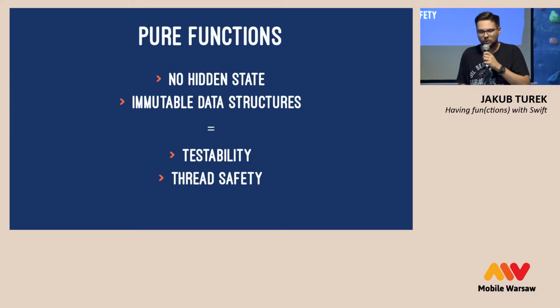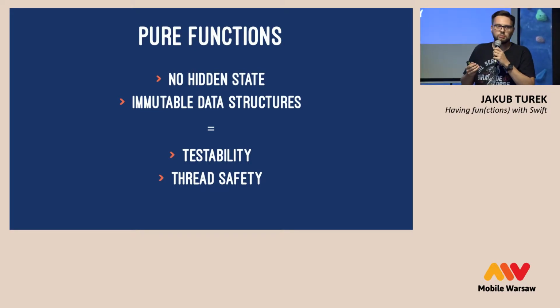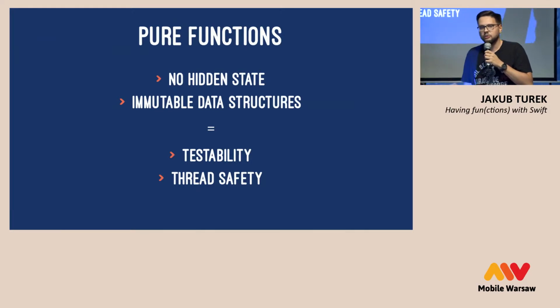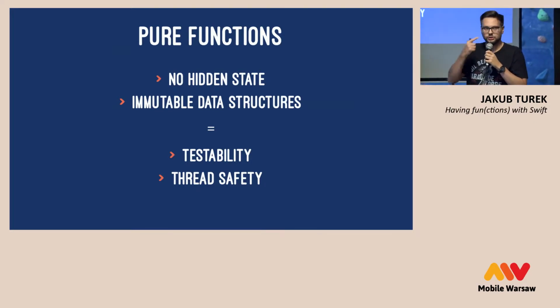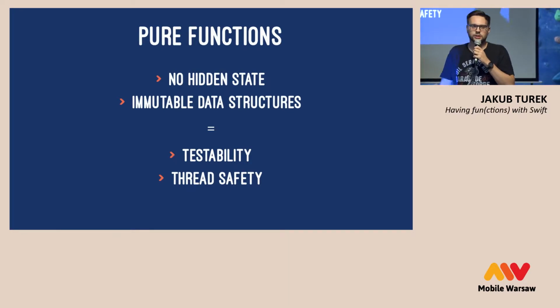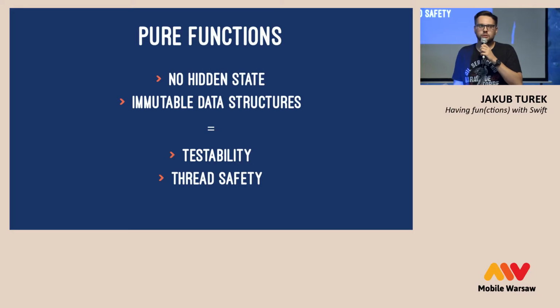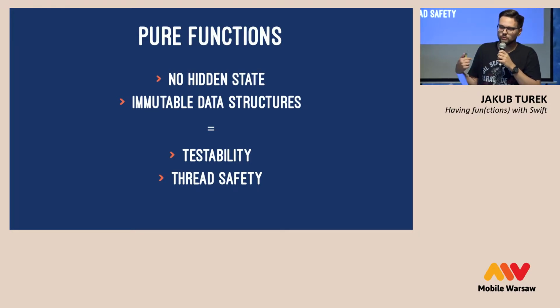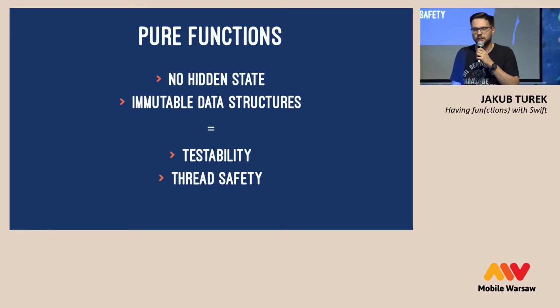Okay, so what happens is that by just structuring the code using pure functions, we have no hidden state. And we are using immutable data structures, which means that our code is very testable, because we can just pass in parameters, and also very thread safe, because there is no reliance on hidden state.